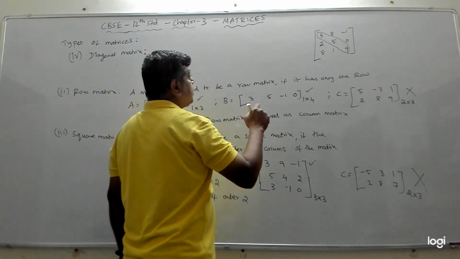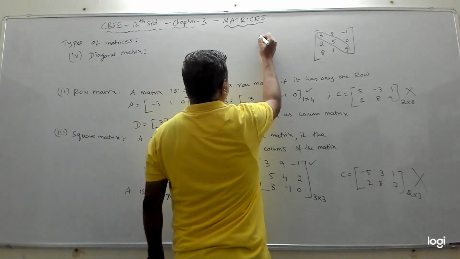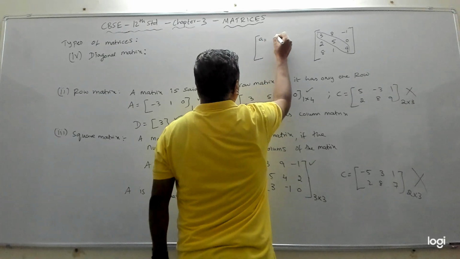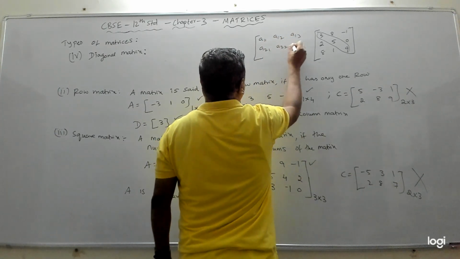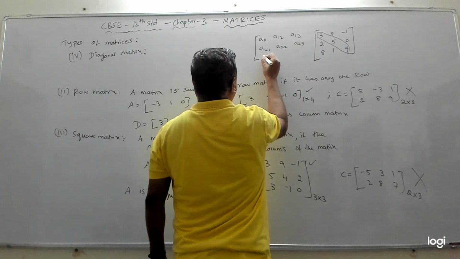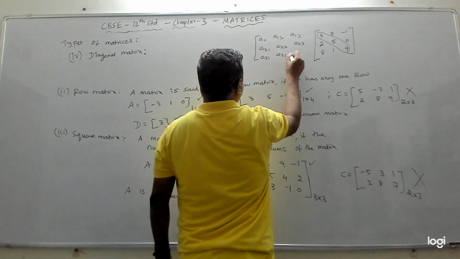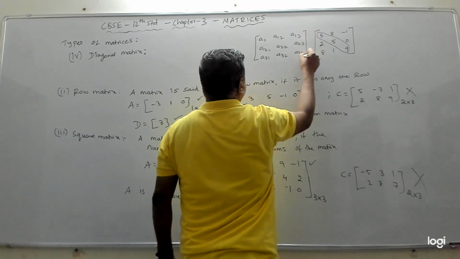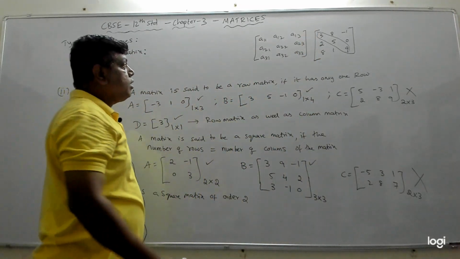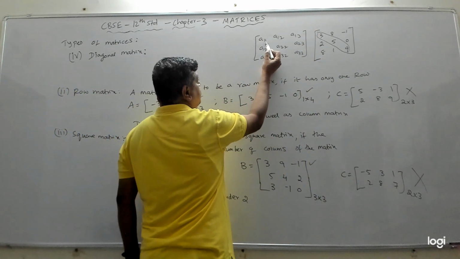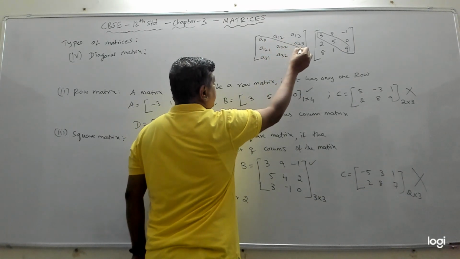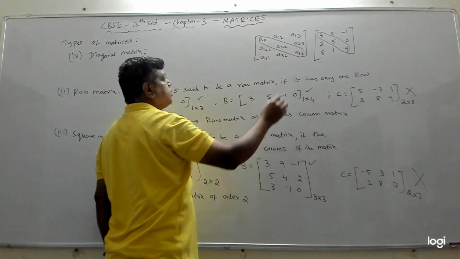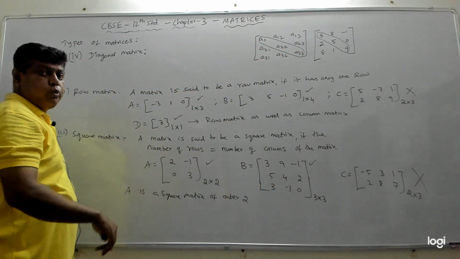Because for the diagonal elements, if you write the general form of a 3 cross 3 matrix, A11, A12, A13, A21, A22, A23, A31, A32, A33, then wherever the i and j are matching, that is 1,1, 2,2, 3,3, these are called diagonal elements: A11, A22, A33.